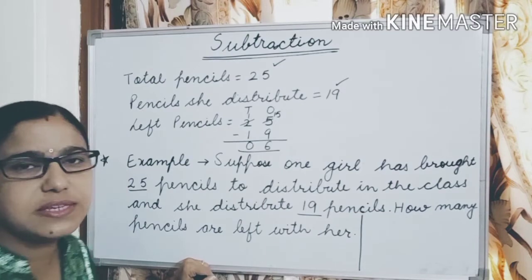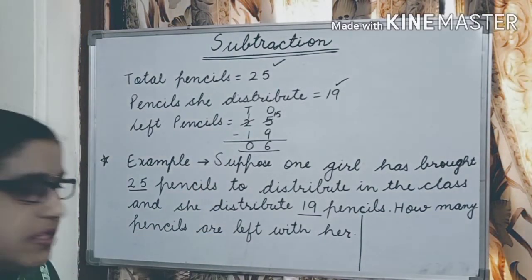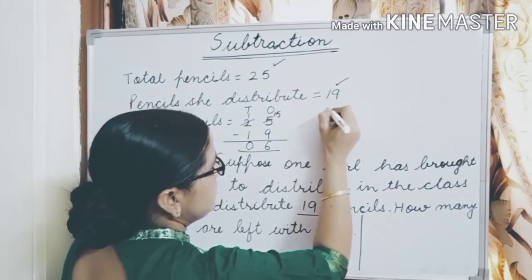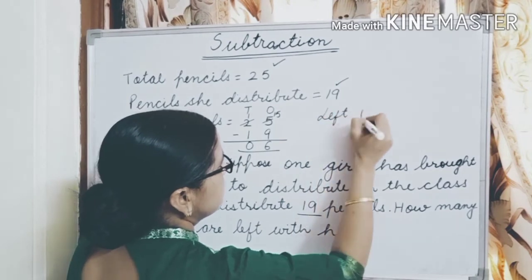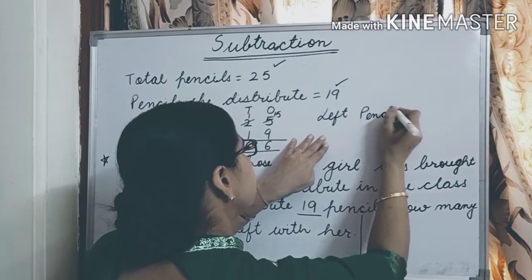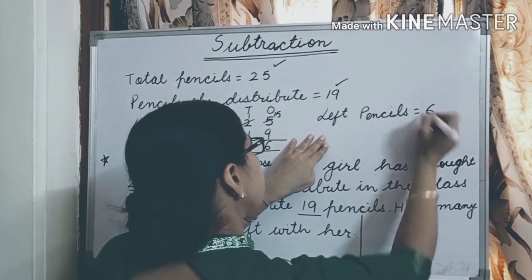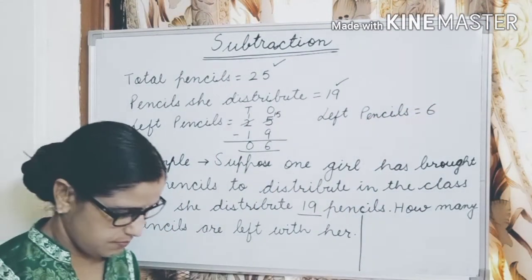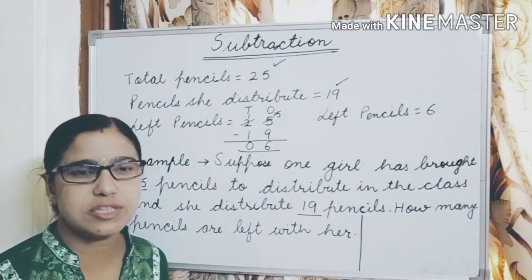Then how many pencils are left with her? 6 pencils. Left pencils is equal to 6. Like this, we have to do subtraction.